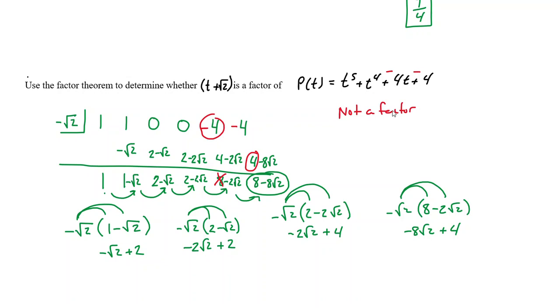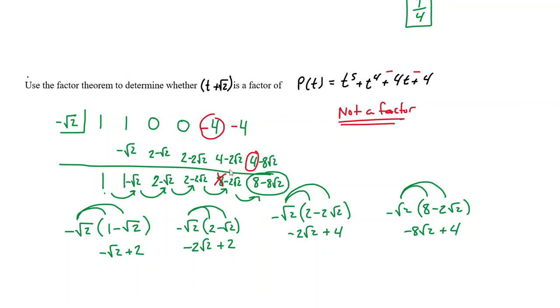I don't want you to get the idea that, just because it was complicated and there was a square root involved, that's why it wasn't a factor. No, that square root could have very well been a factor if there had just been two small sign changes in our polynomial. Okay, so that's how we do this. We do synthetic division. Hopefully you don't end up with a really complicated square root as the thing we're dividing by.